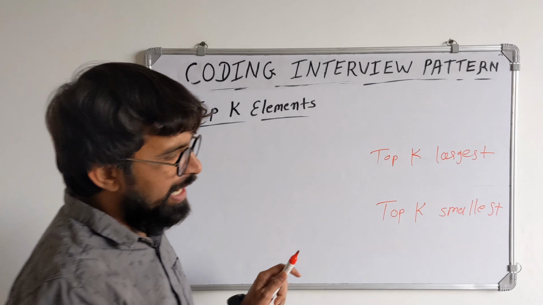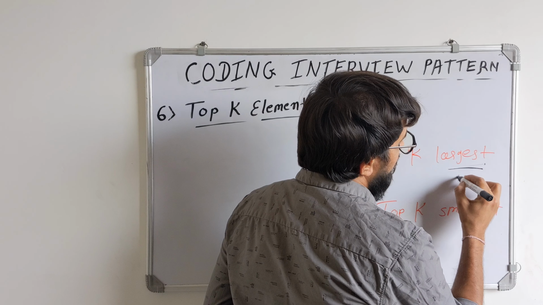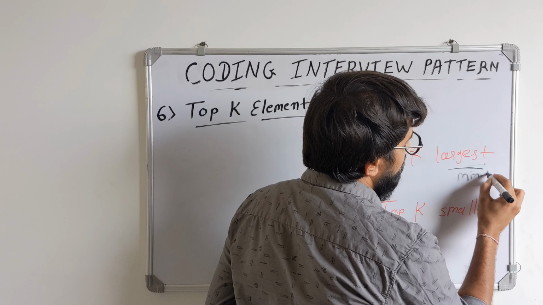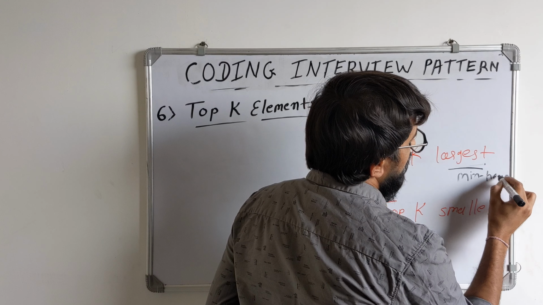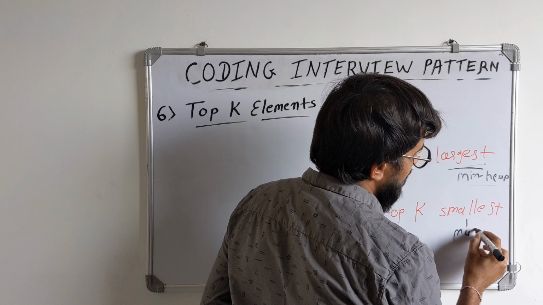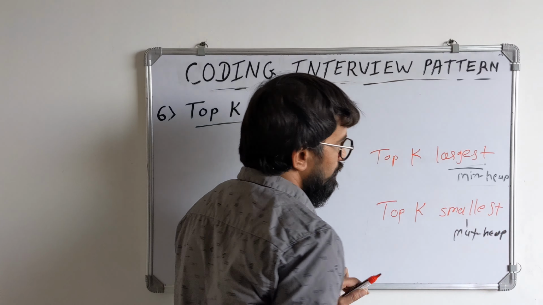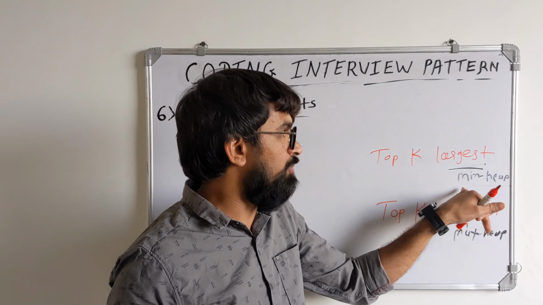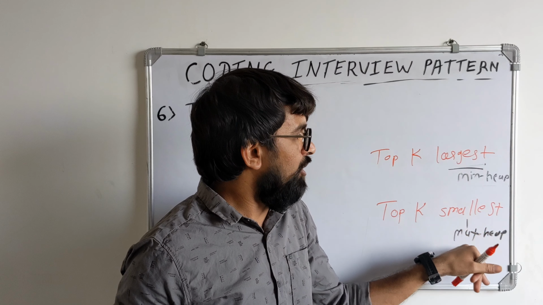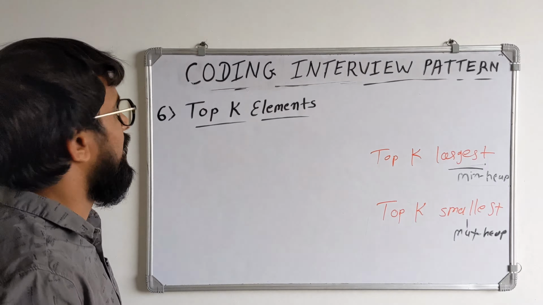Just keep in mind that when we want to find the largest numbers, we will use the minimum heap, and when we want to find the smallest numbers, we will use the maximum heap. If it is not clear why we use the minimum heap for largest and the maximum heap for smallest, forget about this one. Let's understand the concept.